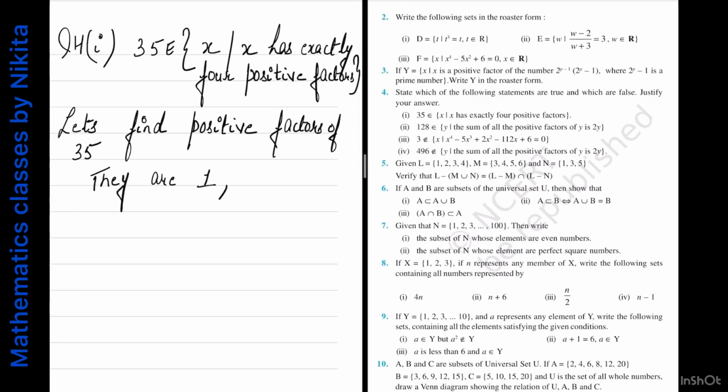Then you can easily see that 2 does not divide 35, 3 does not divide 35, 4 does not divide 35, 5 divides 35, because 5 into 7 is 35. Then 6 does not divide 35, but 7 divides 35. Then 8 does not divide, 9 does not divide, 10 does not divide, 11 does not divide. So the next number is 35 itself. So these are the 4 positive factors of the number 35.